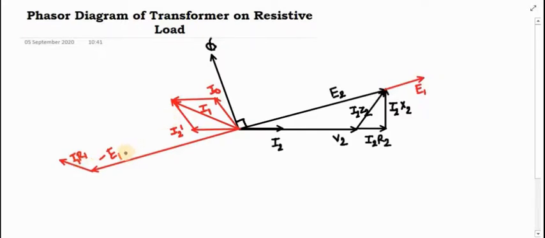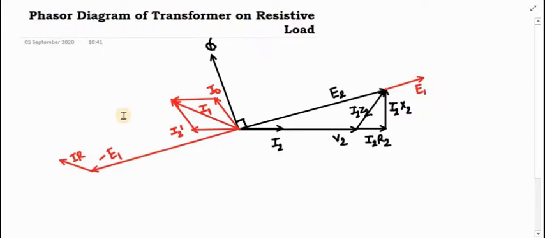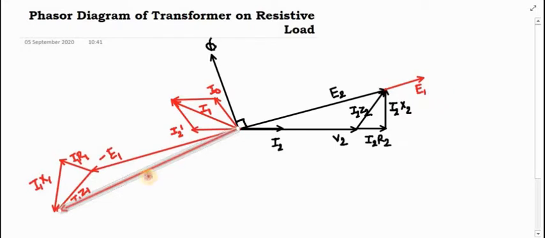Then perpendicular to I1 and leading it, I will draw the I1 X1 vector, leading the current I1 by 90 degrees. The vector sum of I1 R1 and I1 X1 is nothing but I1 Z1, and the vector sum of minus E1 and I1 Z1 is nothing but our V1.